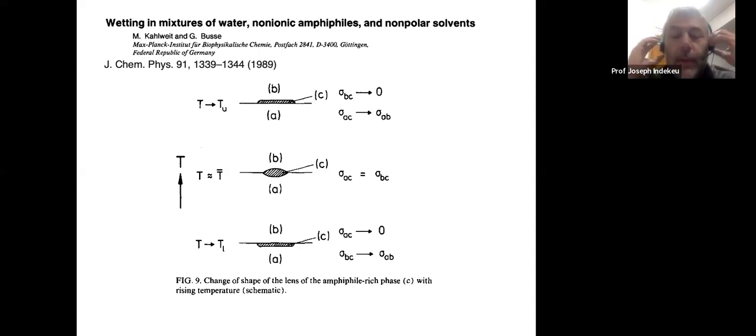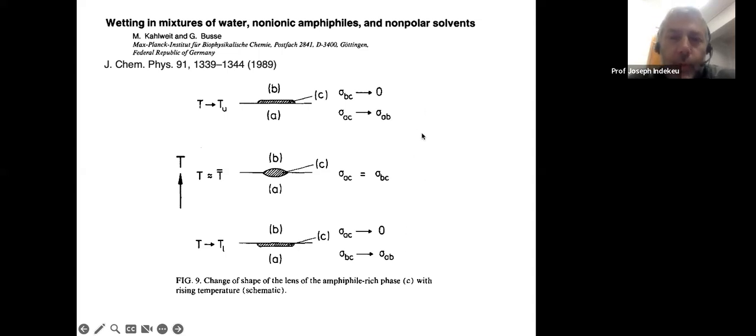So we can conjecture that these two interfacial tensions will become identical at such critical endpoints. Of course, we will have to test everything, do measurements, and also do model calculations. But this is a very good first step.